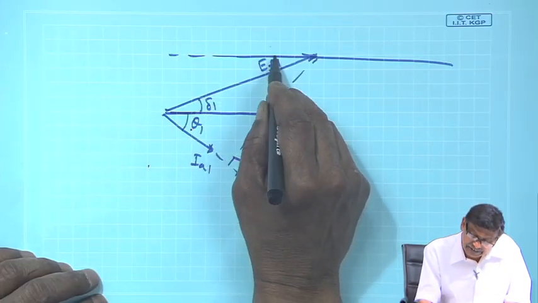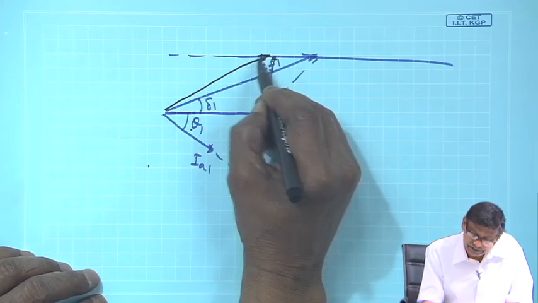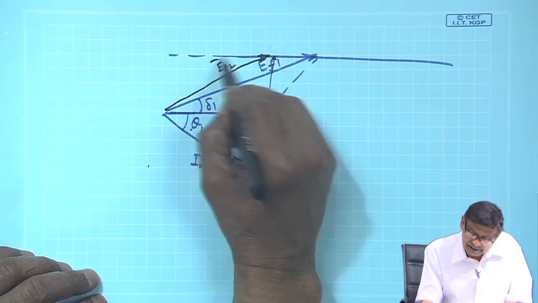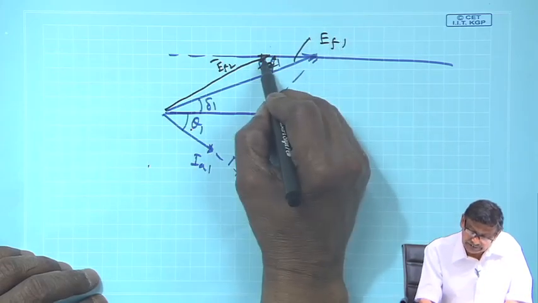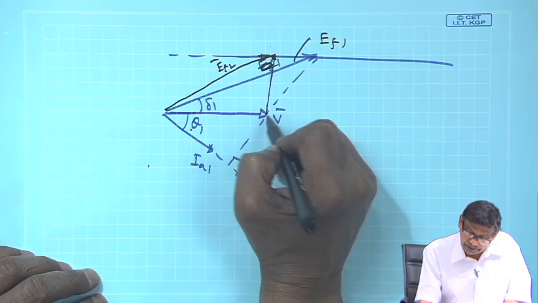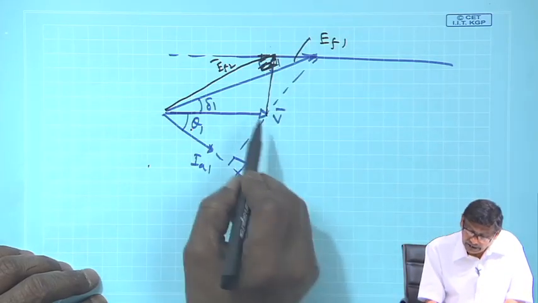Now, if it is a lagging power factor, reduce the excitation such that here is your E_f2. I reduce the excitation such that it becomes perpendicular to V. Then where is your I_a?